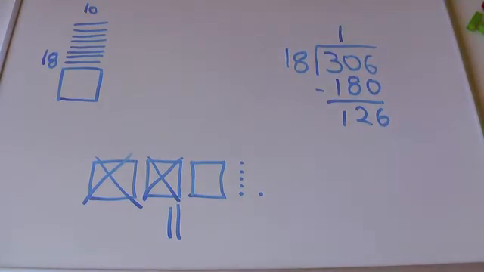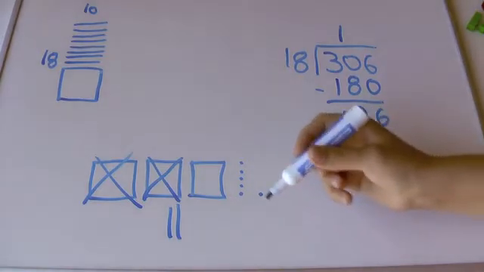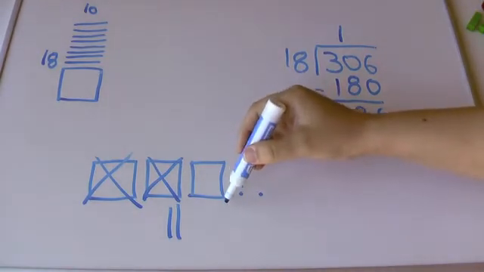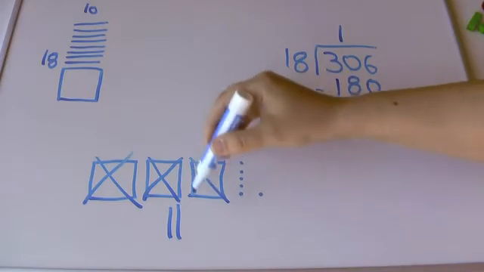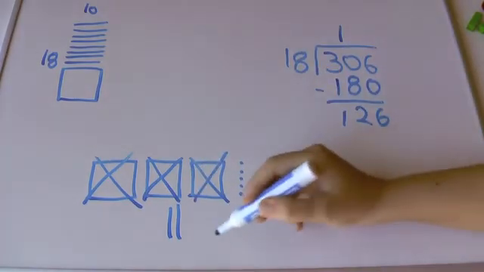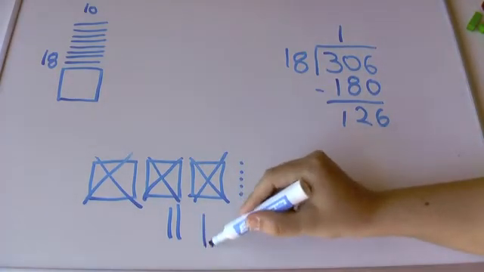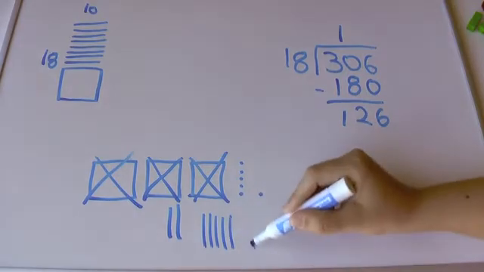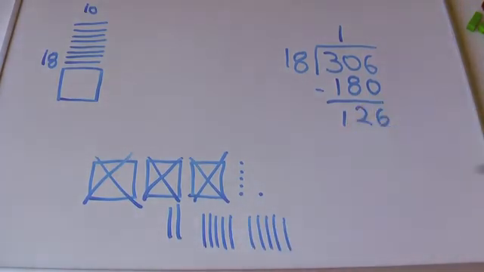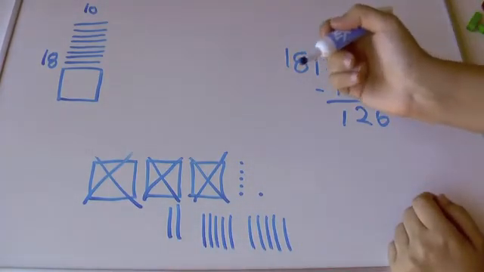So here's where I am going to start guessing, problem solving, estimating, whatever you want to call it. So first I'm going to trade my 100 for 10 tens. So 1, 2, 3, 4, 5, 6, 7, 8, 9, 10. Okay, so I still have 126 here. And I'm going to start guessing.